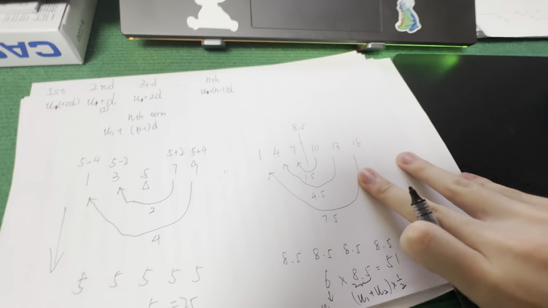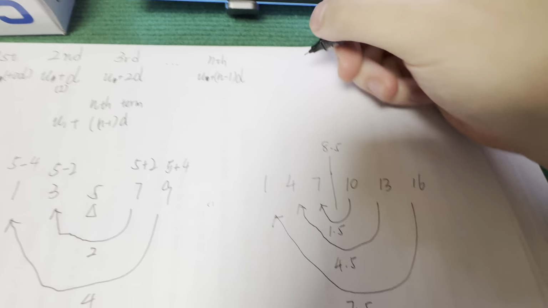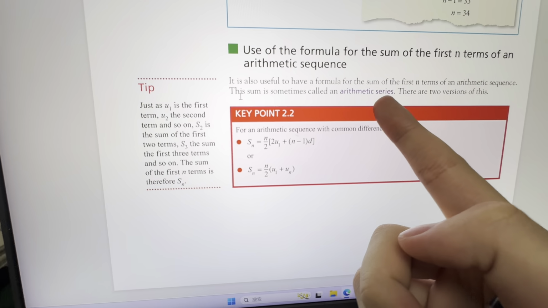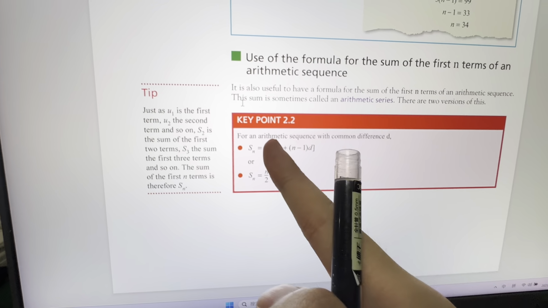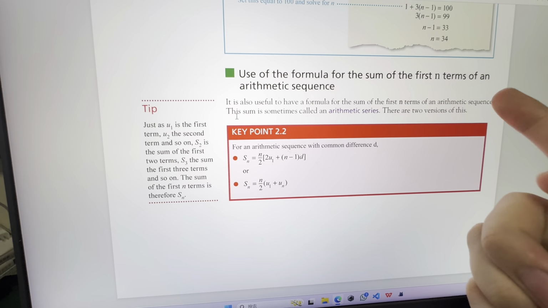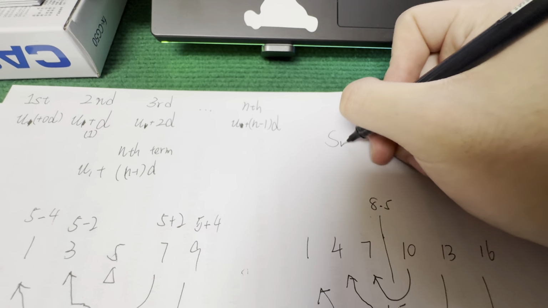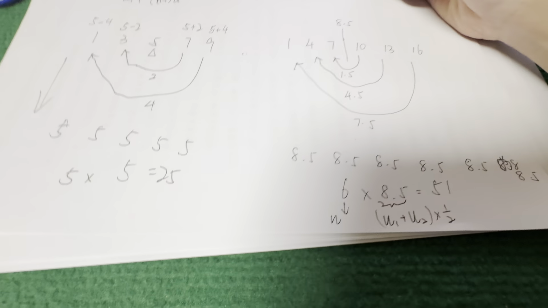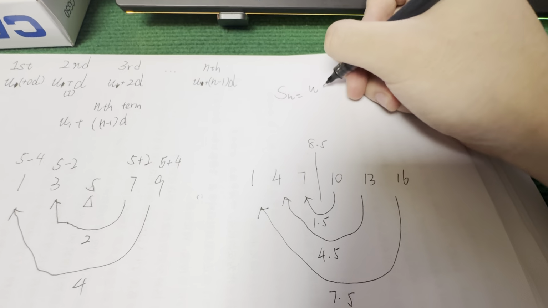So guys, let's rewrite it. Because it's called a series, the sum of the first n terms we can write as Sn. So Sn is equal to, how many terms do we have, the nth term, times what? First term plus last term.